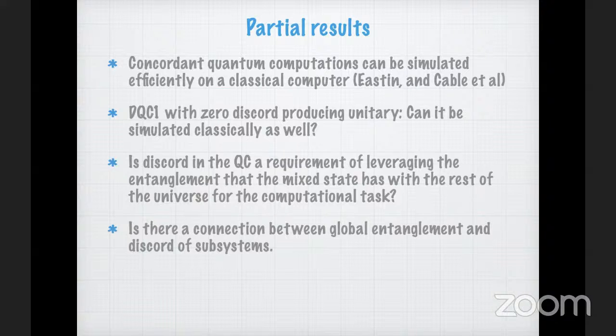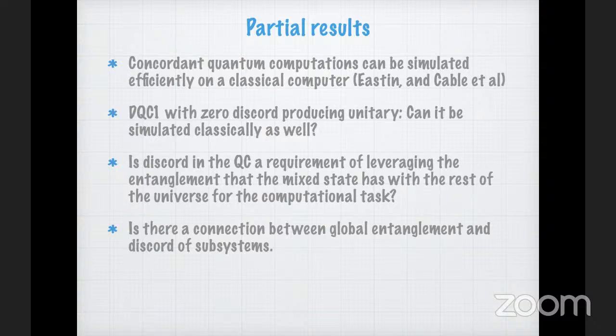That one is that, as I said before, if you imagine a quantum computer working on mixed states such that at every stage of the computation, the mixed state is what is called concordant, or in simpler terms, it has zero discord across every division, which means that it's essentially a classical-like quantum state with no non-classical correlations, then Eastin, Cable and others have shown that such a quantum computational process can be efficiently simulated on a classical computer, so it's no better.